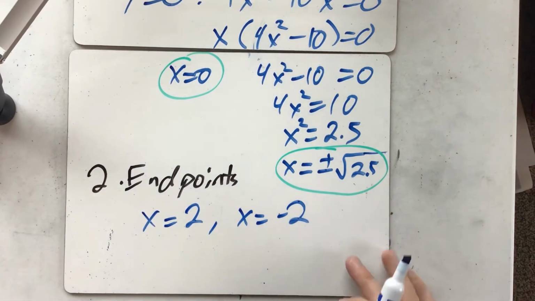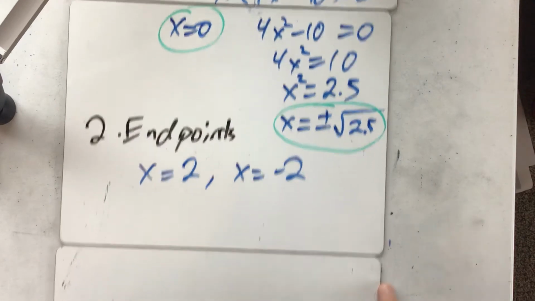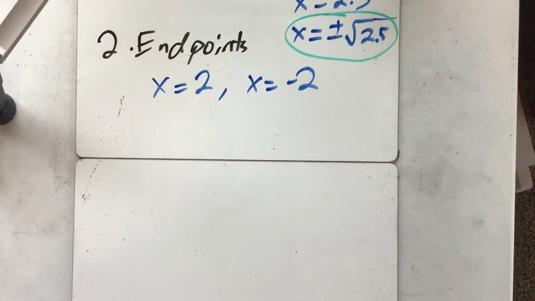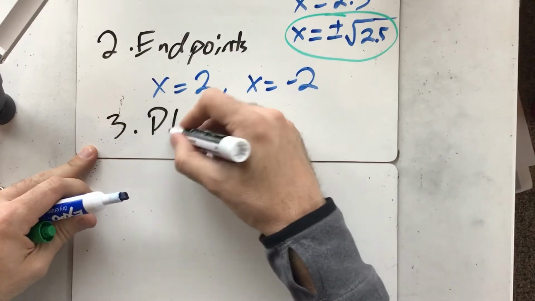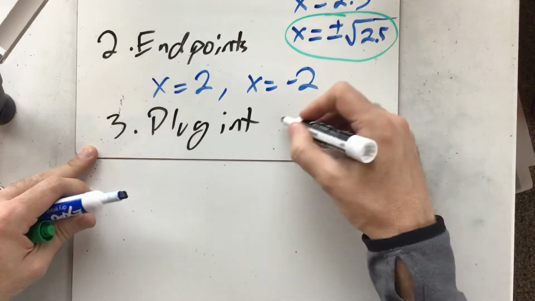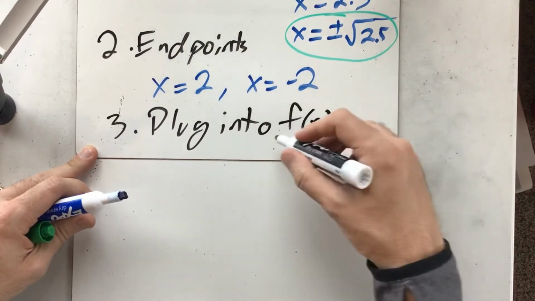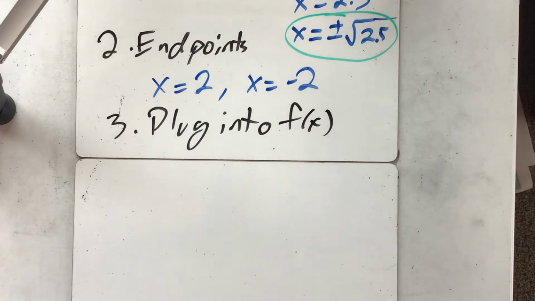So now the only thing left is for me to plug everything into my original equation and see what I get for my answers. So the final step is plug in. Plug into f of x, our original equation. So we plug into that x to the 4th minus 5x squared equation.